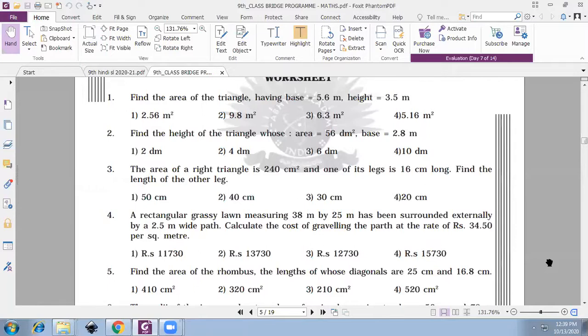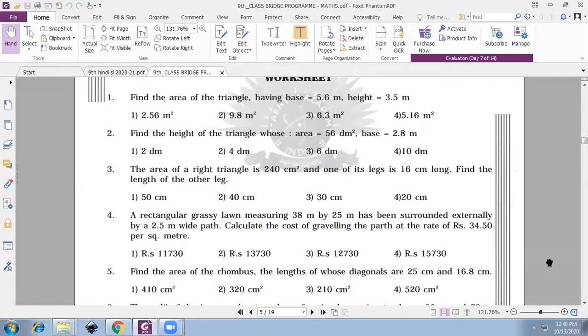So area of a triangle, what is the formula? Half into base into height. Area is how much? 240 centimeters square equals 1/2 into 16 into height. Then height equals 240 into 2 by 16. 2 ones are 2, 8 thirties are 240. Therefore, the length of the other leg equals 30 centimeters.